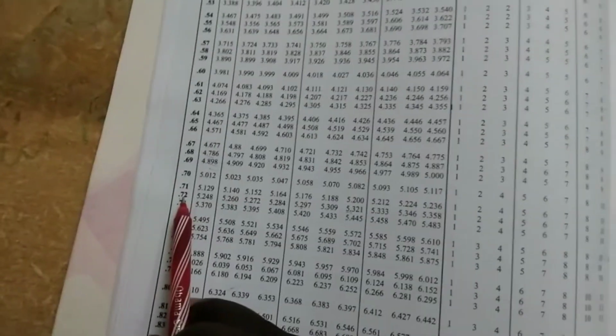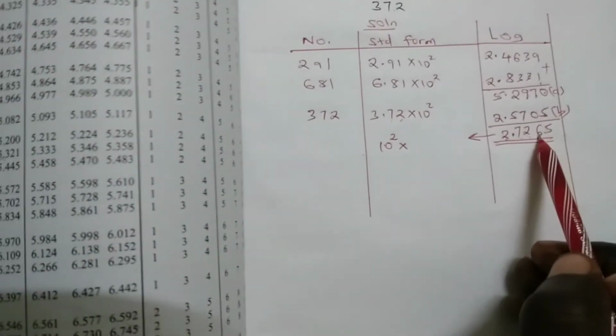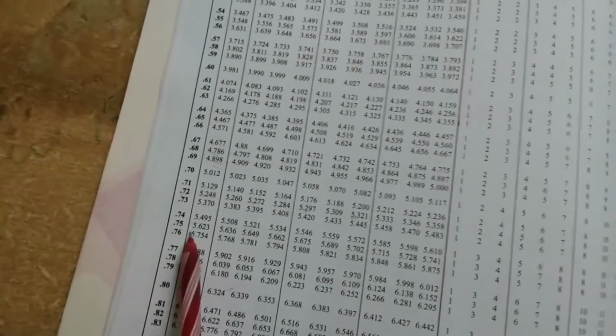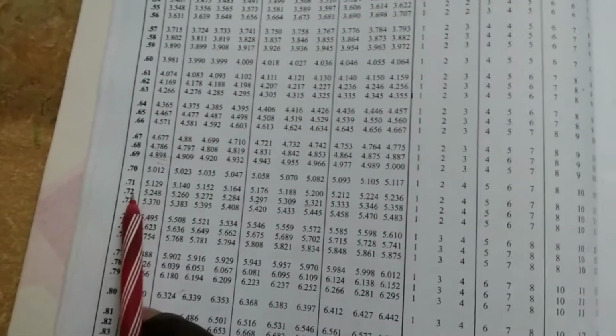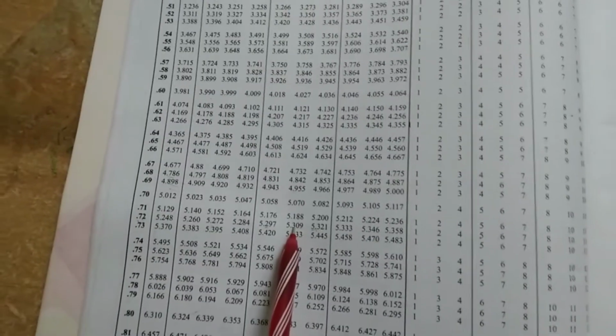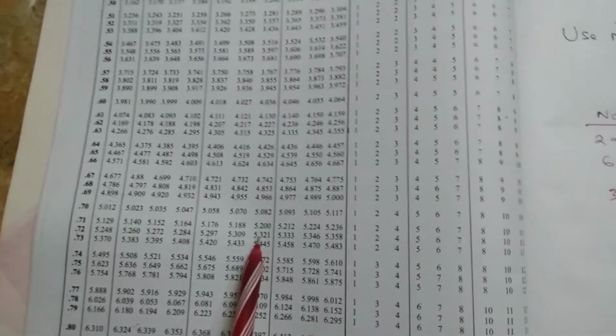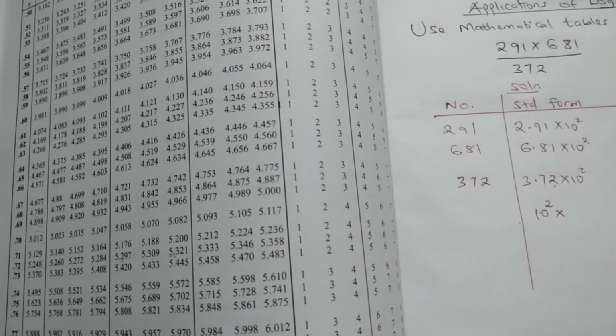If you come to where we have 0.72, the next value we are supposed to read is 6. So if you come to 0.72, then you go to where we have 6. 6 is 5.321.